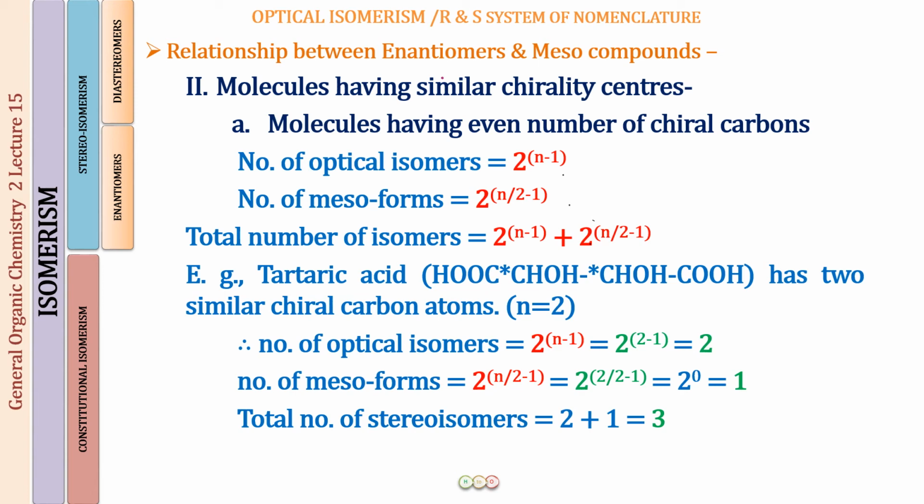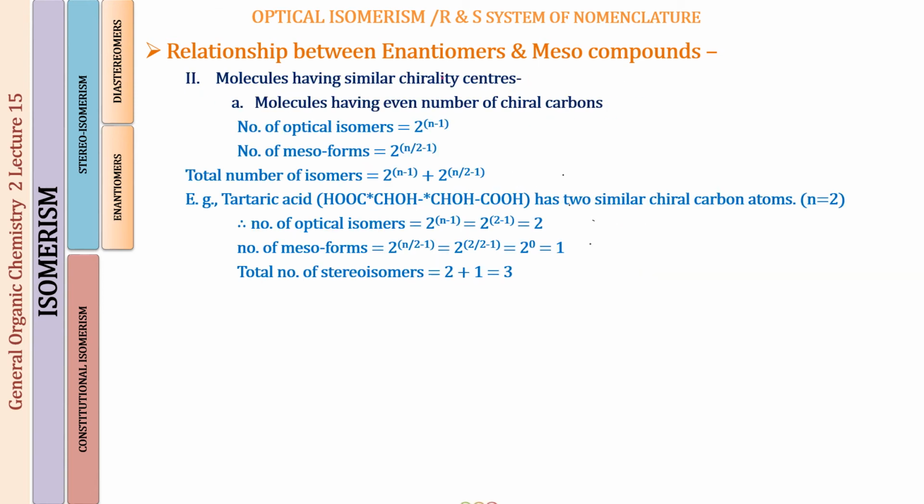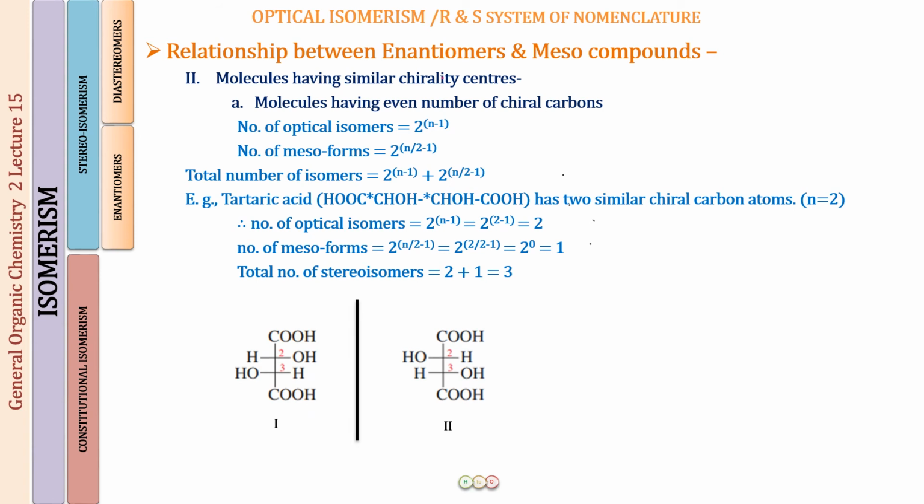As you have seen already in the examples, we have all the 3 stereoisomers for tartaric acid. I am going to put them once again. So what you can see is structure 1 and structure 2 are mirror images of each other and they are non-superimposable on each other, or you can say that these are dissymmetrical molecules because there is no plane of symmetry and no center of symmetry. These form a pair of optical isomers and hence they are a pair of enantiomers also.